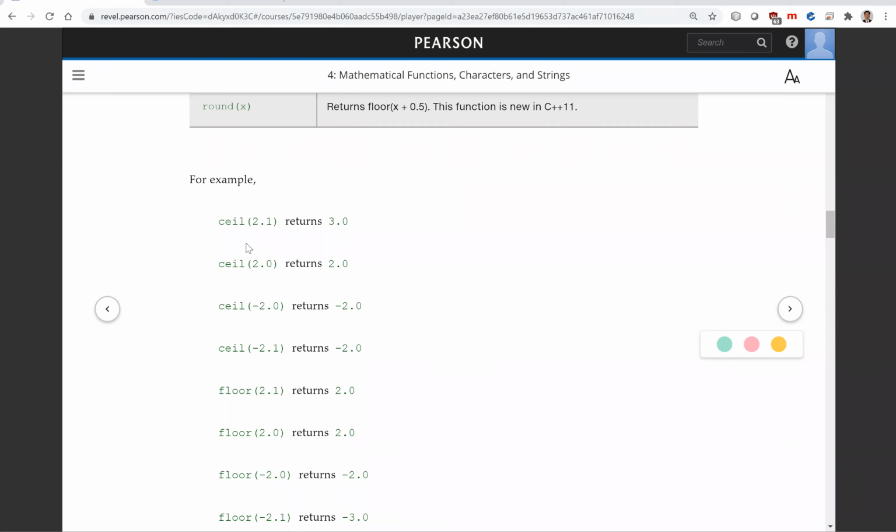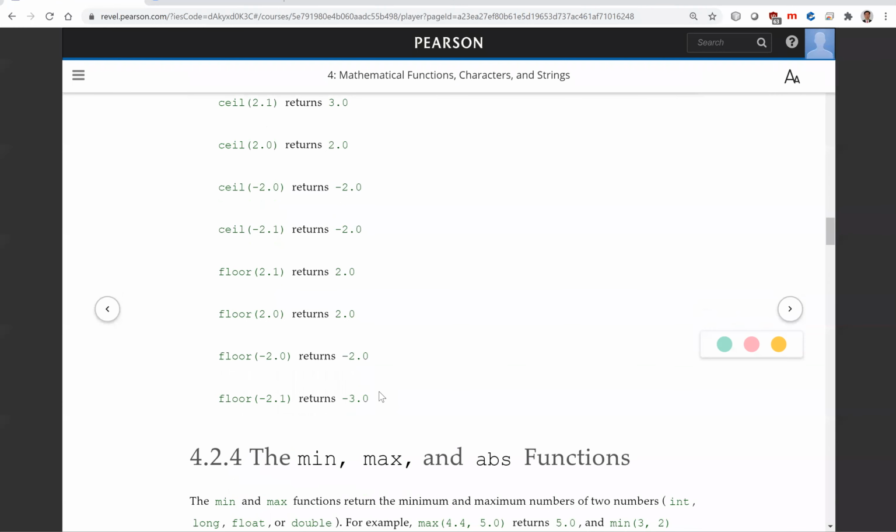For example, ceil(2.1) returns 3.0. It is rounding up. floor(2.1) returns 2.0.